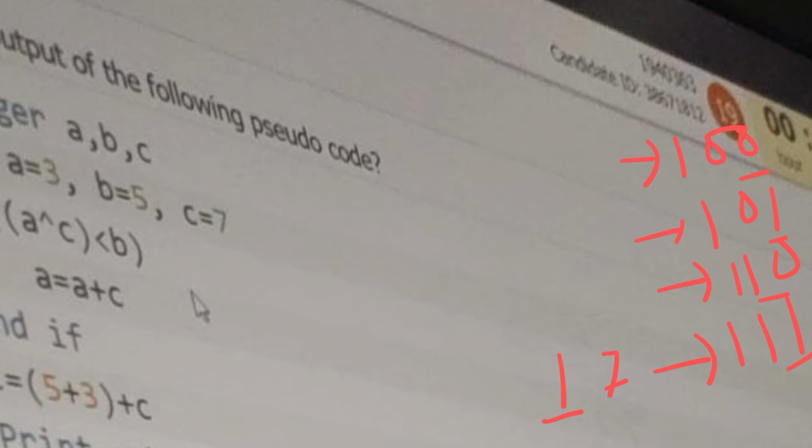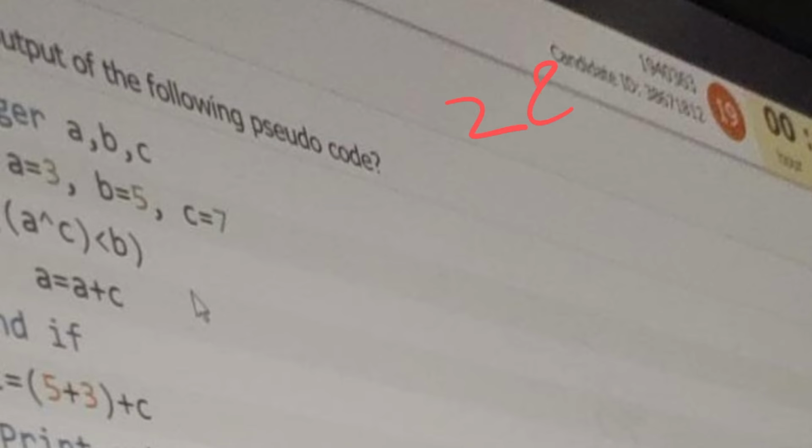So let me just clear it and let's start with the other operations. If you are performing AND operation between 2 and 3, then remember, if any of the bits is false, then the whole statement is false. Only if both statements are true will the whole statement be true. Okay, let's convert this. So 2 means 10, 3 means 11.